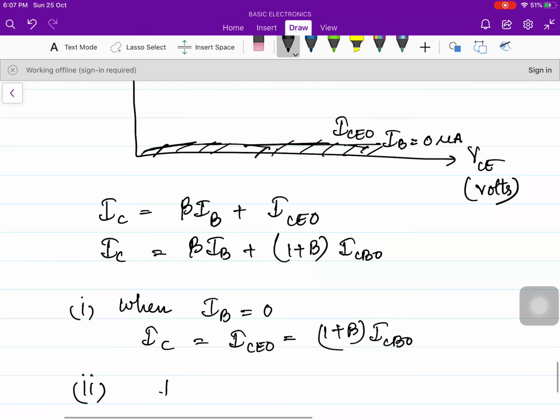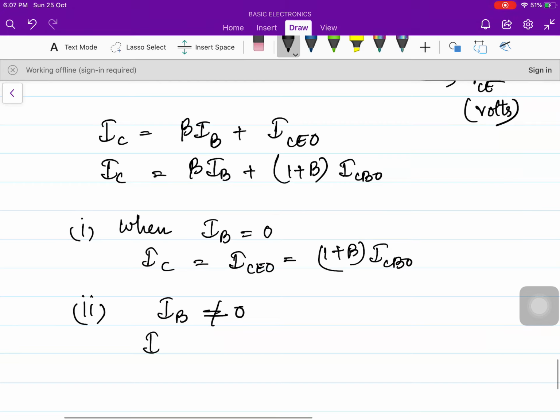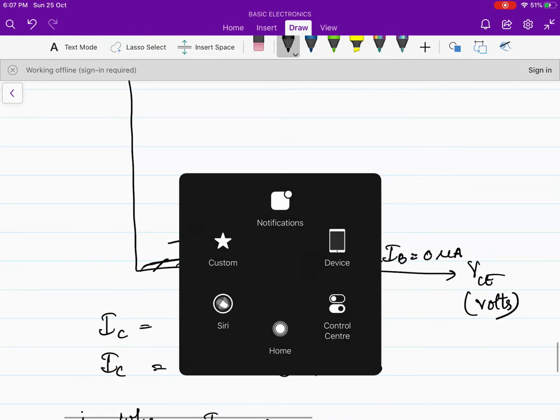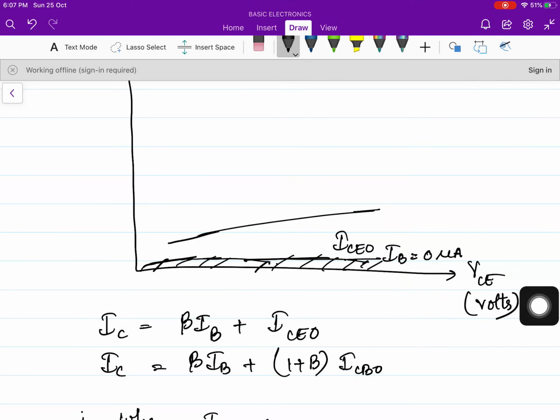Now for the other case, take IB not equal to 0. In that case, IC equals beta IB, and from here you can conclude that when IB is very small, IC is going to be very high. So you will draw the graph something like this. For example, this is IB equals 10 microampere.